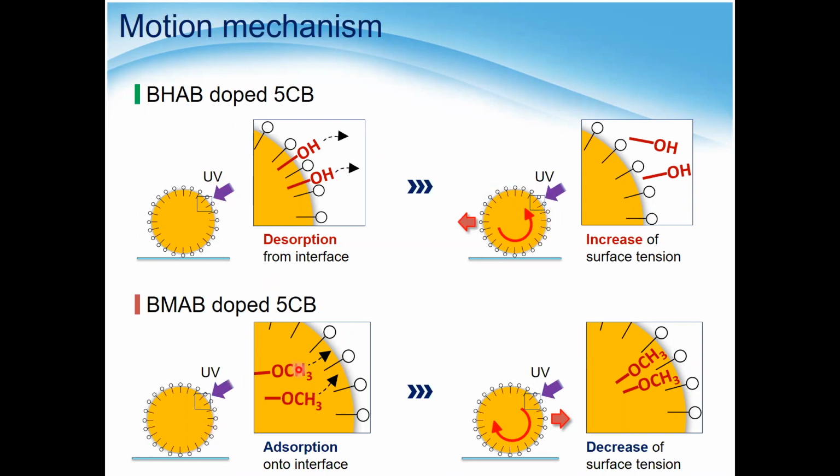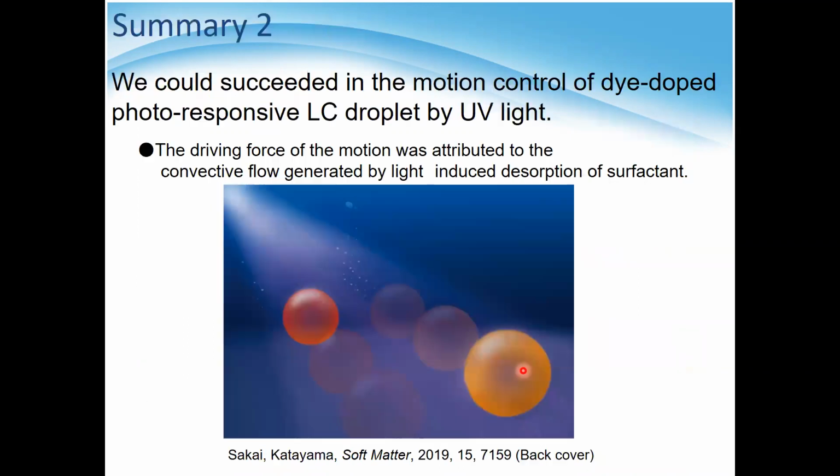On the other hand, in the BMAB case, once the molecules are adsorbed at the interface, it could induce the opposite direction of convective flow. That causes the motion direction to be totally opposite.